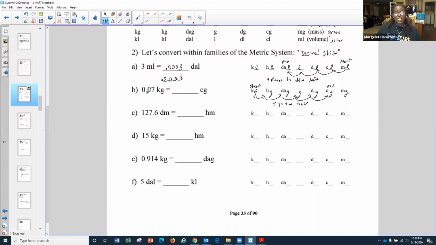I'm going to move my decimal point 5 places to the right. So my number should be, here's 0.07, 1, 2, 3, 4, 5. Add my zeros. That gives me 7,000. And put a comma there just to make it pretty. 7,000.